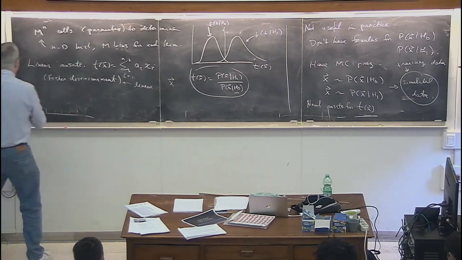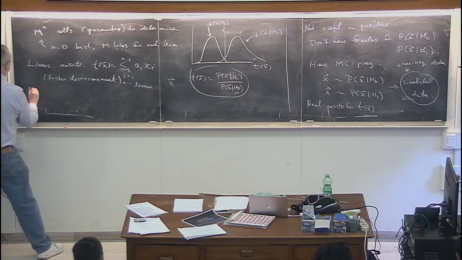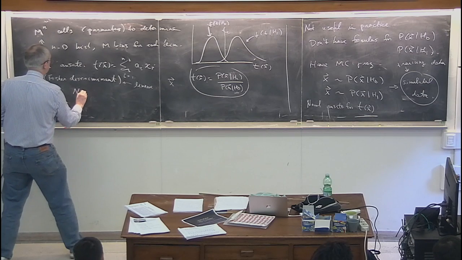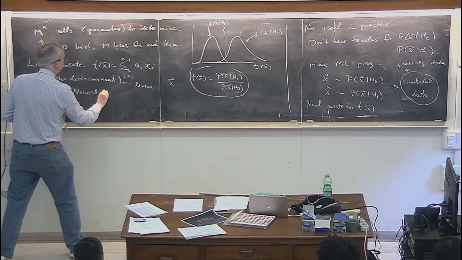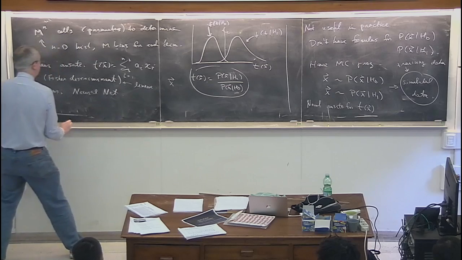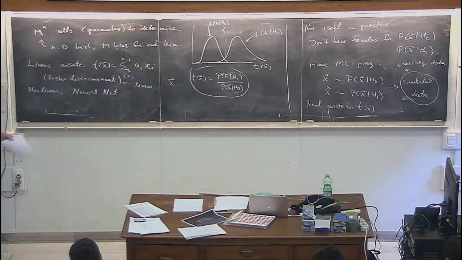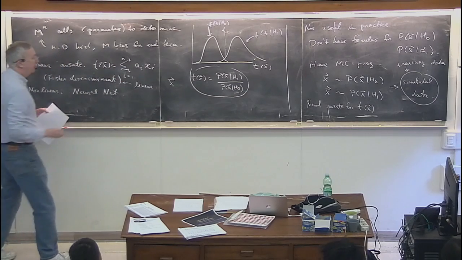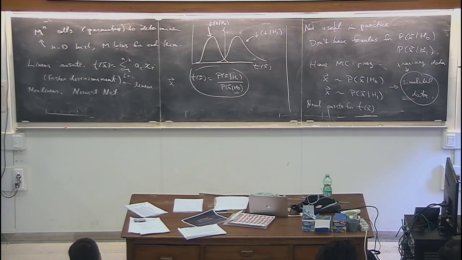There are various methods that can produce a nonlinear surface, and I'll just list a couple of them. One is called a neural network. This is something that I'm sure you're familiar with, but from the standpoint of what we've been describing, it is a particular formulation that allows us to describe a nonlinear surface in this multidimensional space.